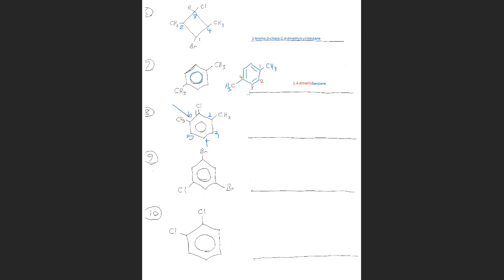So far, it is to try to number the branches in a way that produces the smallest numbers. Is there any way to number it that you get smaller numbers than 1, 2, and 6? No, because regardless of which way you go, you're going to get the same notation for both of your methyl groups.